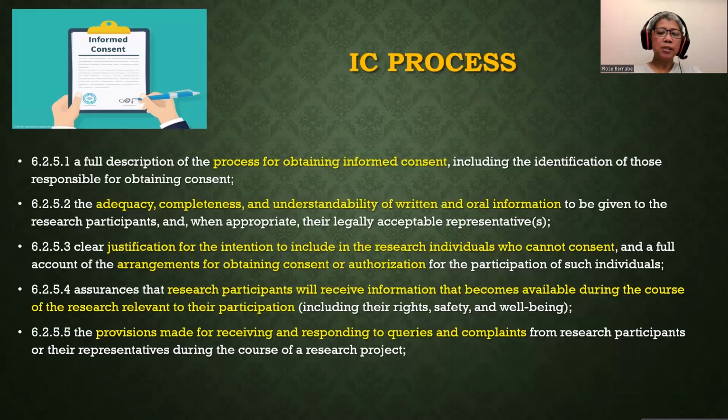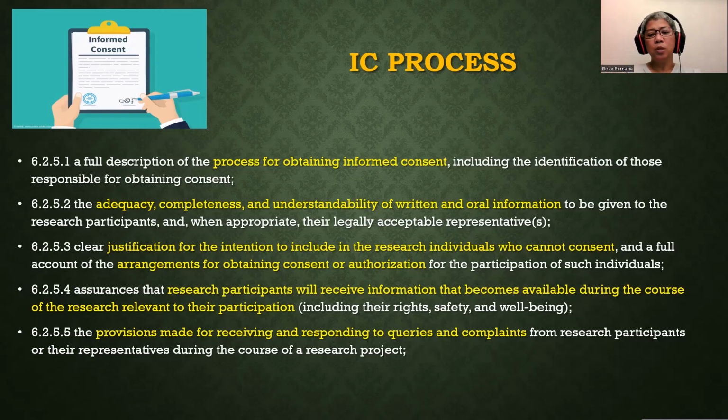Informed consent process, we've mentioned this a while ago. Description of the process for obtaining informed consent. So remember, it says process for obtaining informed consent. It's not just looking into the informed consent sheet, but how will informed consent be secured? Who will secure it? Does this person have experience?